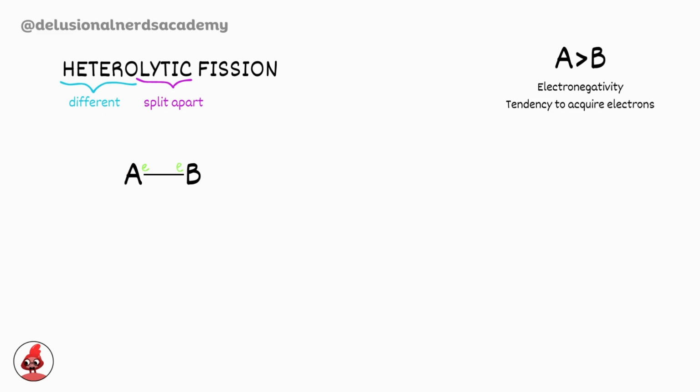So when the bond breaks, these two electrons that were shared in this bond will be acquired by A. Why? Because it's a cruel world we're living in. So element A, being more electronegative, will take both of the electrons that were previously shared in the bond.